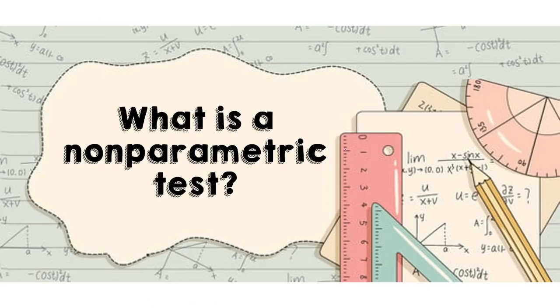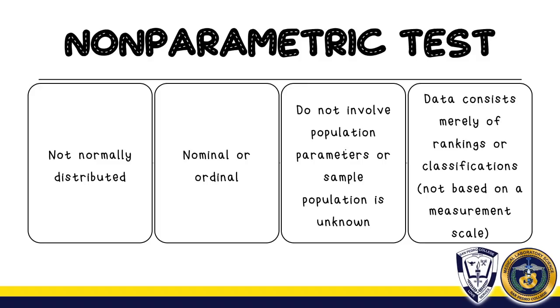Now, first of all, what is a non-parametric test? To give you a brief summary, all the definitions that have been given to you during your parametric lecture, just take the opposite, and that is already your non-parametric.